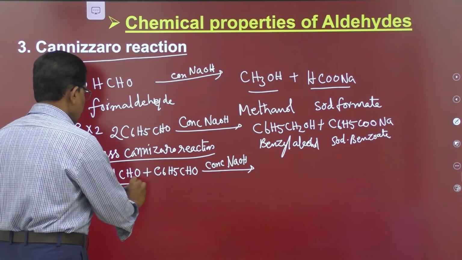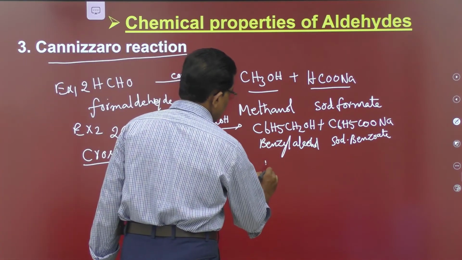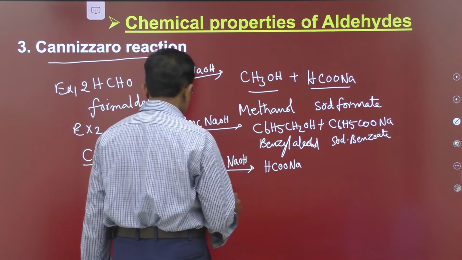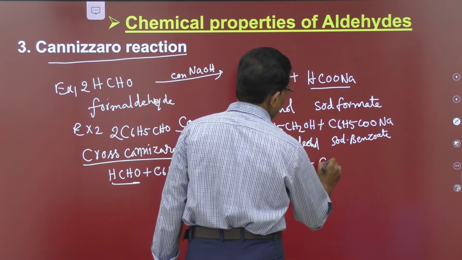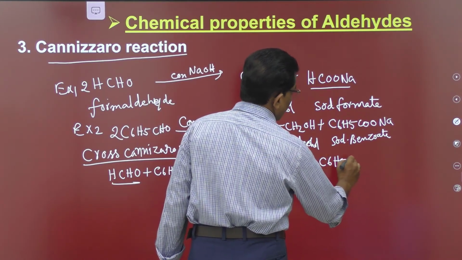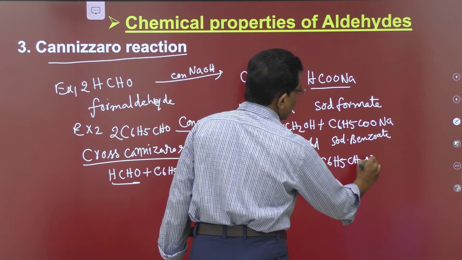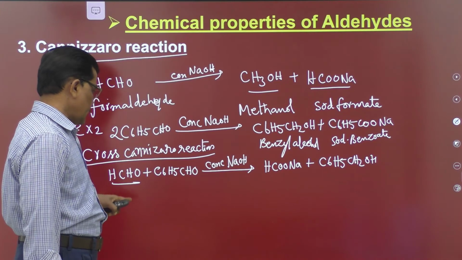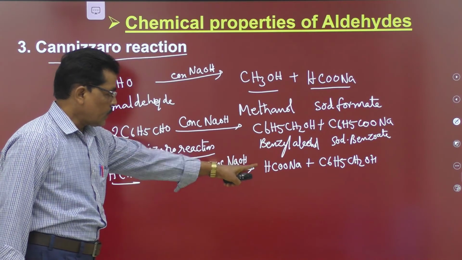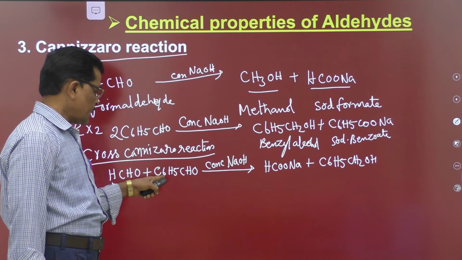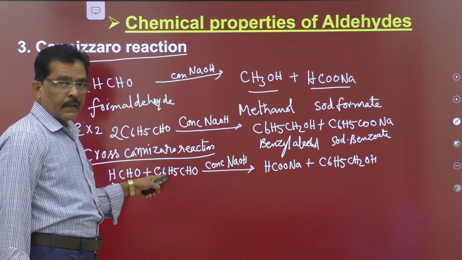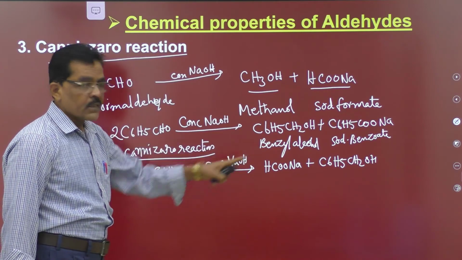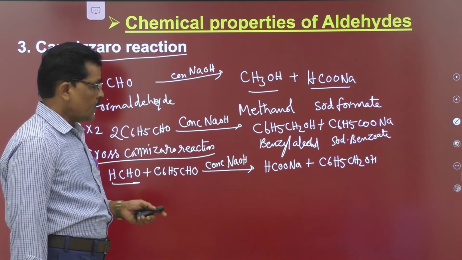Then it is subjected to crossed Cannizzaro reaction. The formaldehyde is converted into salt of carboxylic acid, and benzaldehyde is converted into benzyl alcohol. Right, understand? Formaldehyde is the more reactive aldehyde, hence it automatically undergoes oxidation, and the benzaldehyde is stabilized by the ring, so it is reduced to benzyl alcohol.